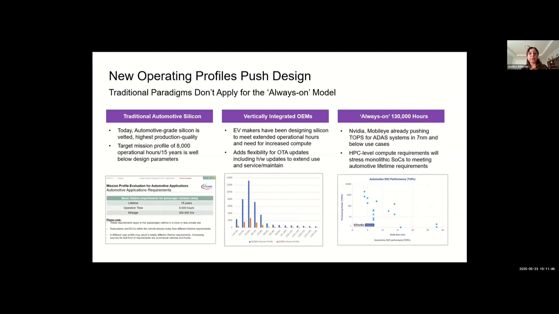So reuse was easily possible. However, as we are now looking at new use cases, such as robotaxi for automotive, we are looking at an always-on profile and 130,000 hours through the lifetime of the part, which becomes harder for us to meet.